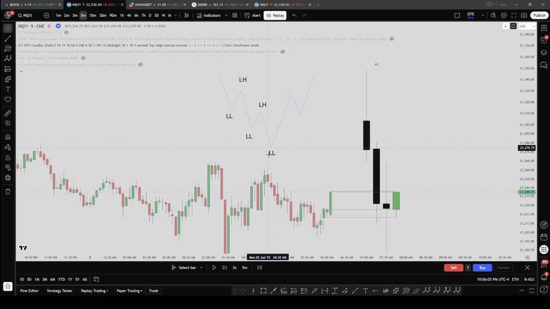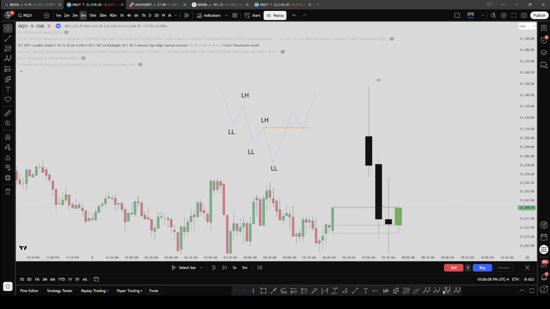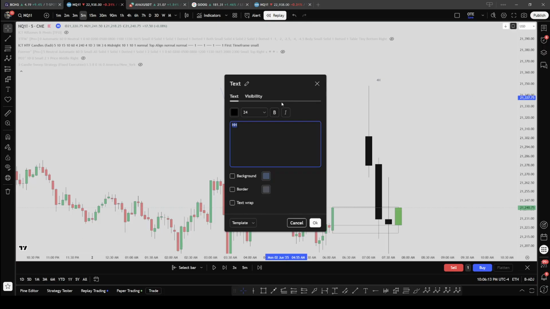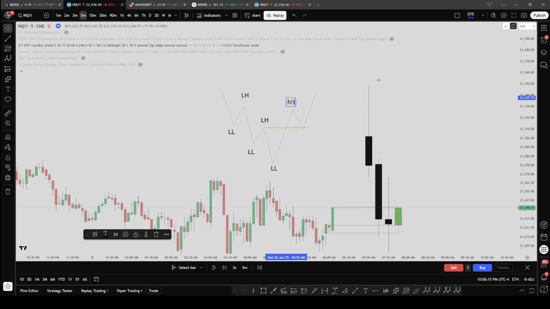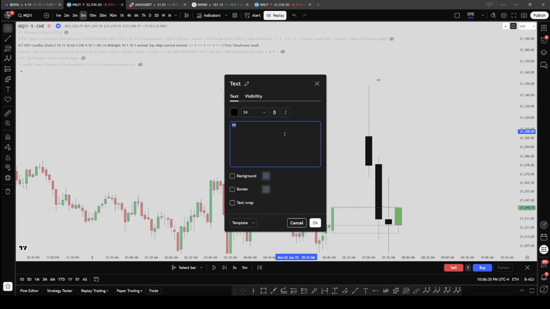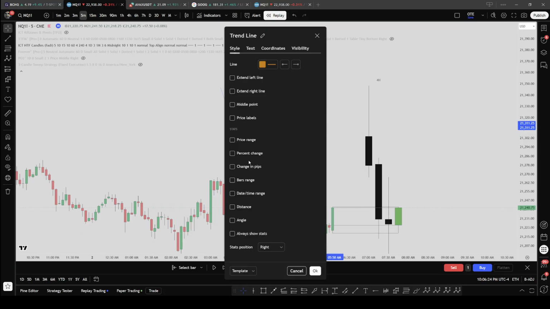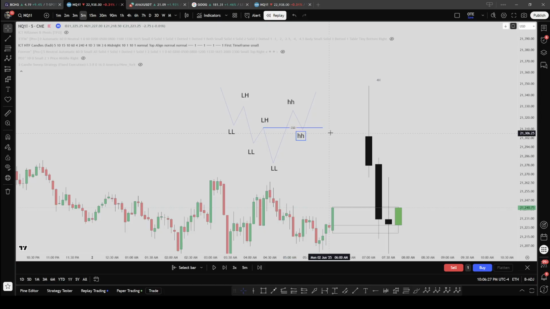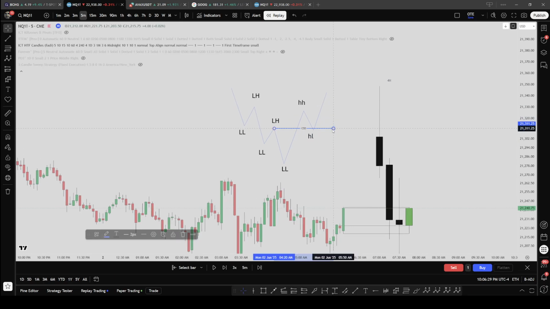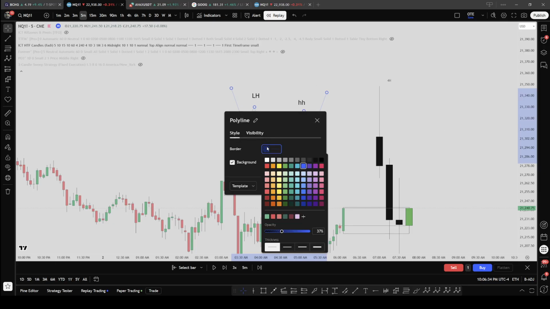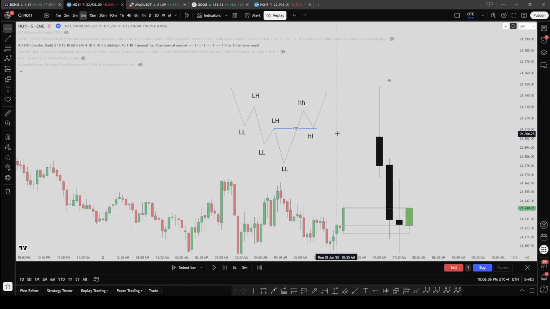And then once you have a higher high, I'm putting it lowercase here, then you have a higher low. And this is known as a CSD, change in state of delivery. Otherwise it's also known as a shift, whatever you want to call it, it's up to you.